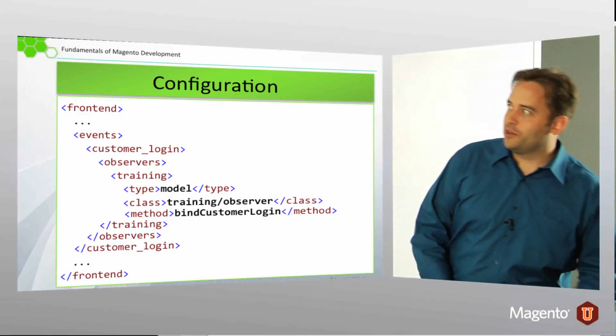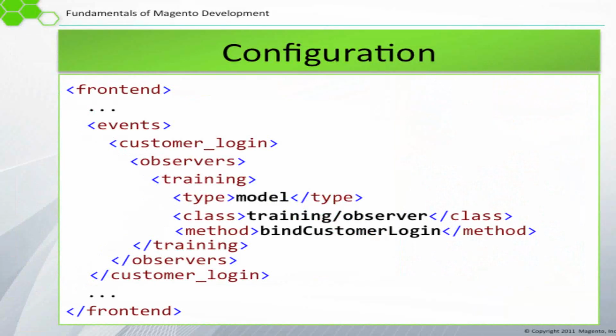Anytime you want to do anything with an observer, you'll specify in your configuration an area, in this case frontend, and then inside it the events node. So this is the structure of observers: frontend, events. So area and then events, and then the event that's being observed.